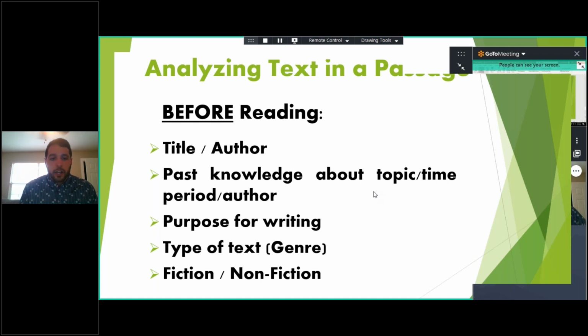And another one is the purpose for writing. So what does this writer want to get across? And the title can often tell you what they're trying to get across. For example, if the title of the passage was The Turning Point in the War, you know that the author's talking about a war. Maybe it's a specific war if it's named in the title.